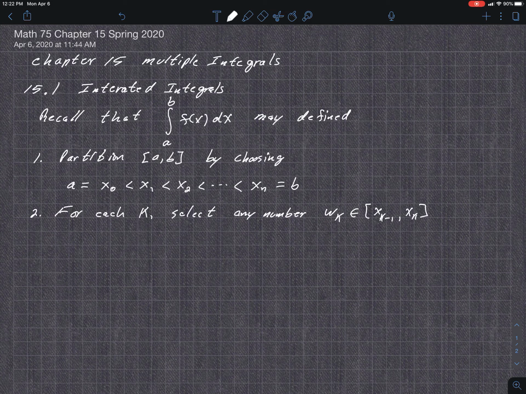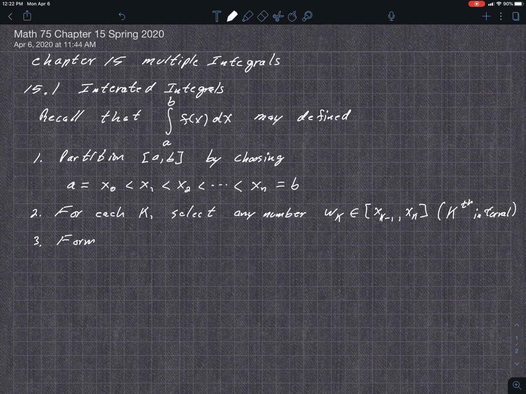So we say x sub k minus 1 to x sub k, and we call that the kth interval. So that's some arbitrary value w sub k in some kth interval. This is all review. This is the definition that we would have used.